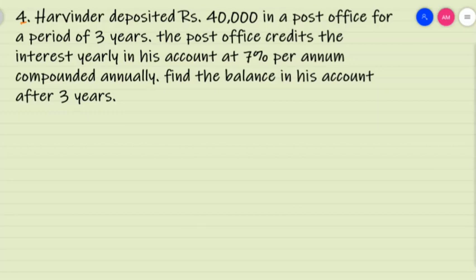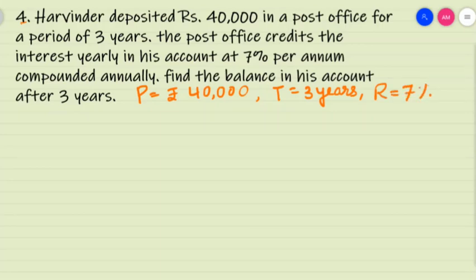Now see, first of all let us see what is the principal amount. Principal amount is rupees 40,000. Then time is 3 years and you all know that we need to calculate year after year, and rate is equal to 7%.